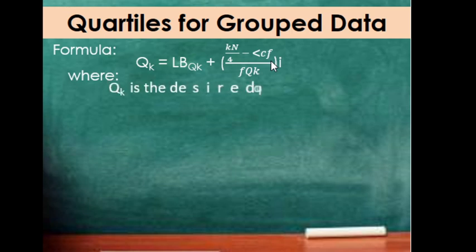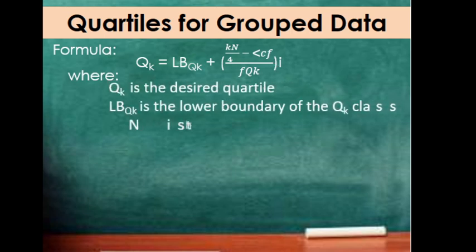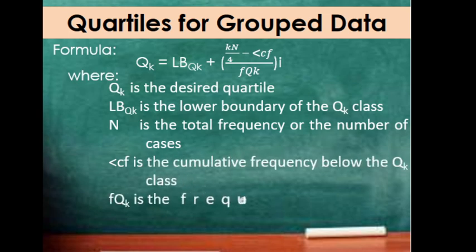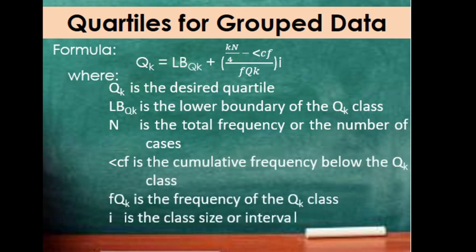So where Q sub k is the desired quartile, lower boundary sub Qk is the lower boundary of the quartile class, n is the total frequency or number of cases, less than cumulative frequency is the frequency below the quartile class, f sub Qk is the frequency of the quartile class, and i is the interval or class size.